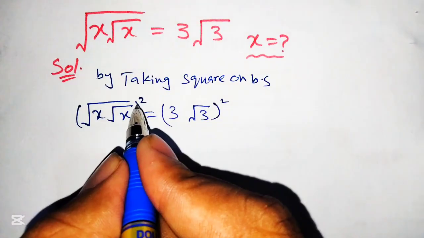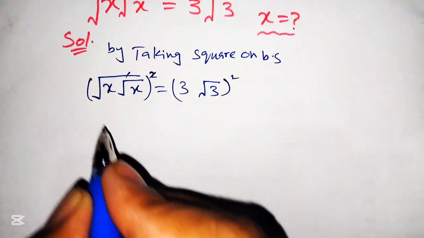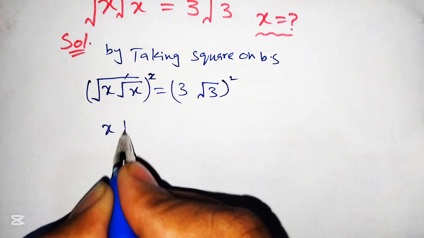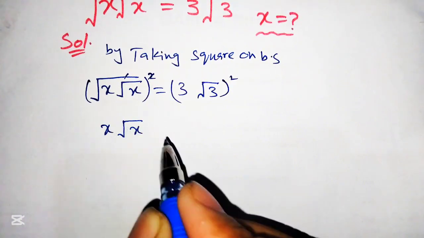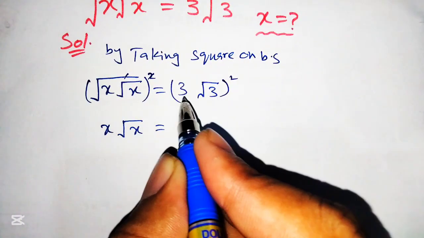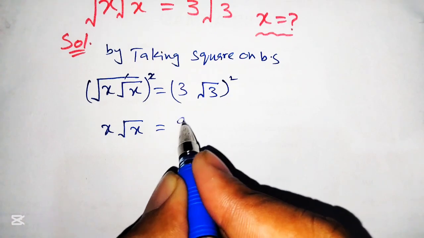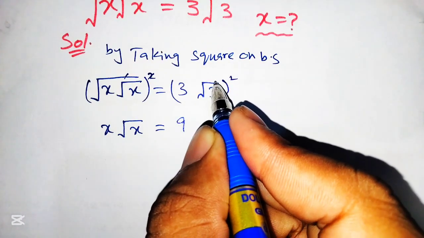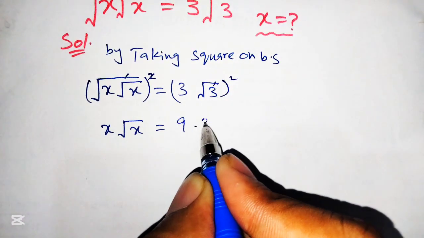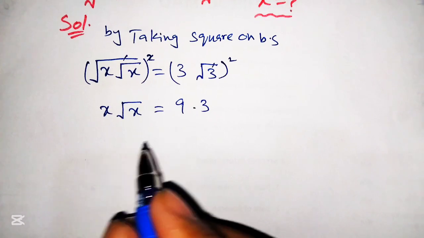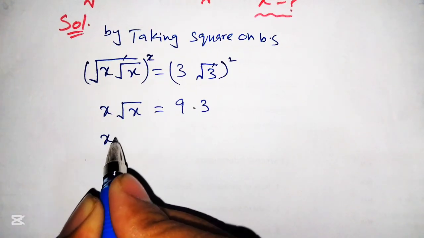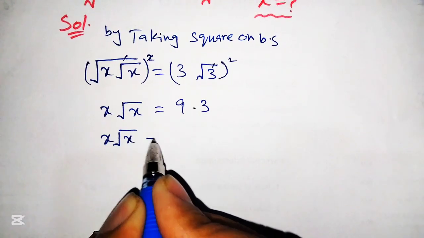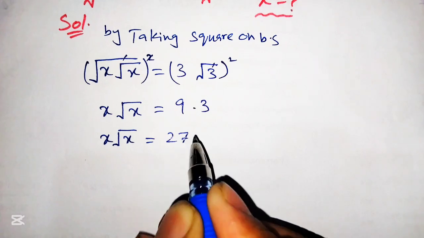Now this square will cancel out with this square root and we will get x times square root of x on the left hand side, and it is equal to 3 raised to power 2, which is 9, and this square will cancel out with this square root and we will get 3 here. So now simplifying this, we will get x times square root of x is equal to 27.